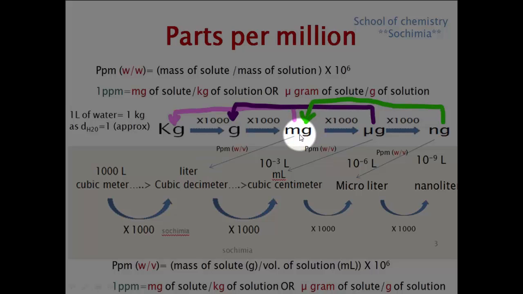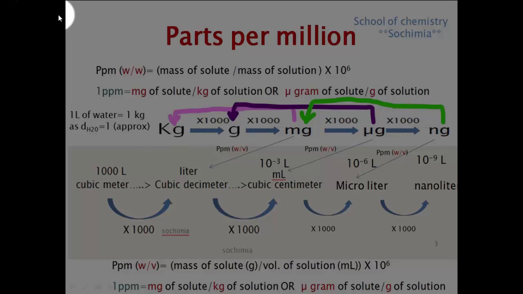So milligram is millionth part of a kilogram, and kilogram is equivalent to 1 liter, because 1 liter of water measures approximately 1 kilogram. So milligram per kilogram is ppm weight by weight, and milligram per liter is ppm weight by volume.